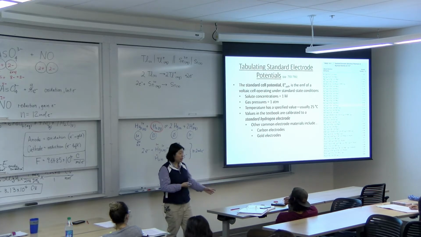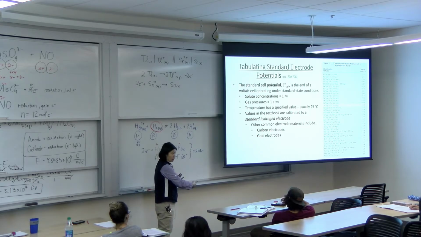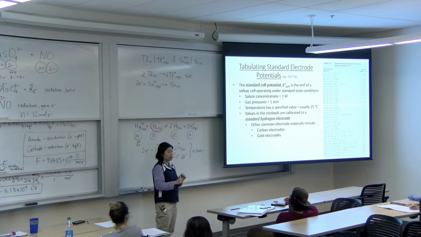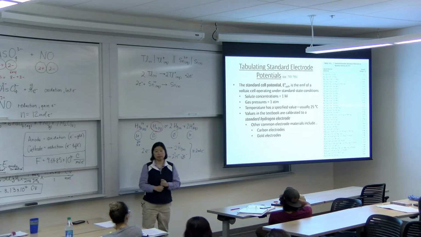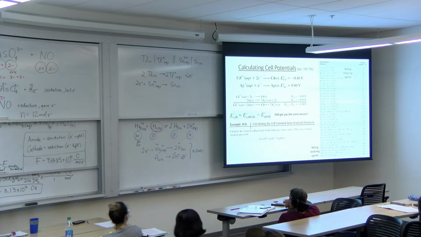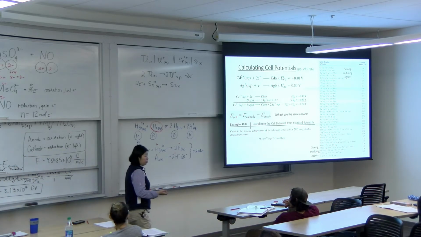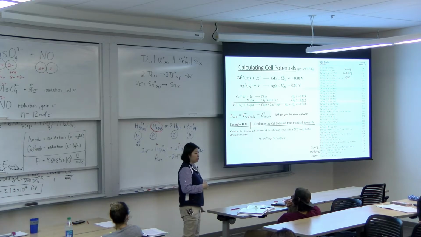In these cases, these are all ionic situations. Zinc becoming zinc 2+. So this is not quite the same thing. You're just comparing how much the zinc wants to give away 2 electrons and how much the copper wants to gain 2 electrons.